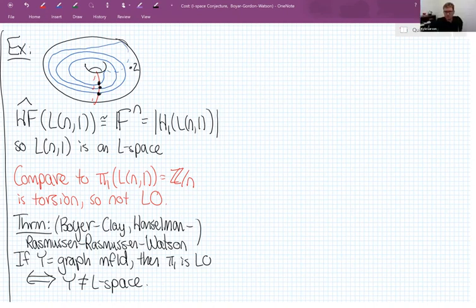Like, what's the simplest possible counterexample? Oh, that's a good question. What's the simplest possible counterexample? I think it's Dehn surgeries on knots in S3 in general, this is not known.